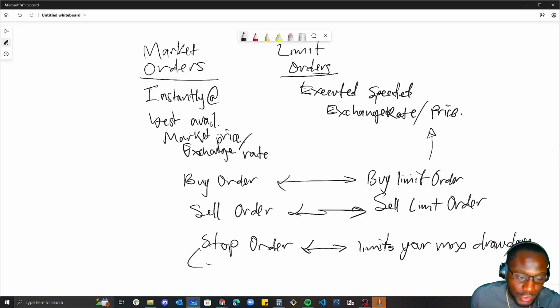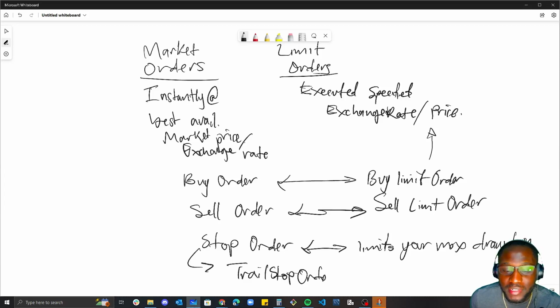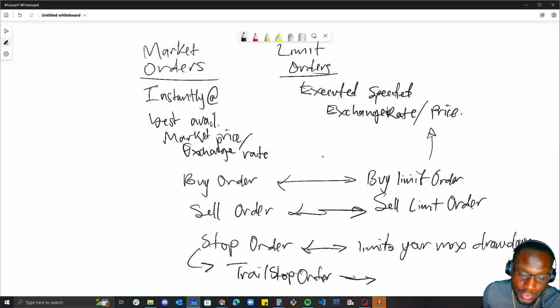And then you have a trailing stop order, which is essentially a stop order or stop loss order. It's essentially the same thing, except that the order would trail price. If it advances a certain amount, you can set that. You can set your order to be automated in that way, depending if your platform provides that kind of feature.